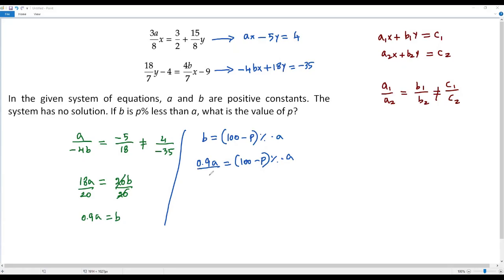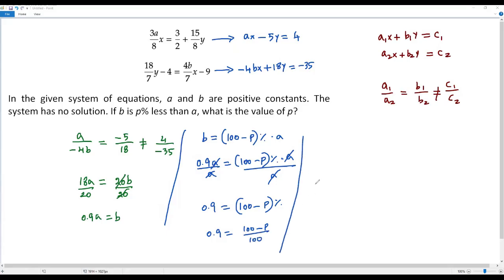Now let me divide both sides of this equation by a. Then this a will cancel out. I'm getting 0.9 equals 100 minus p percent. Now on the right side, we can write this percentage as a fraction. Then I'm getting (100 minus p) over 100.